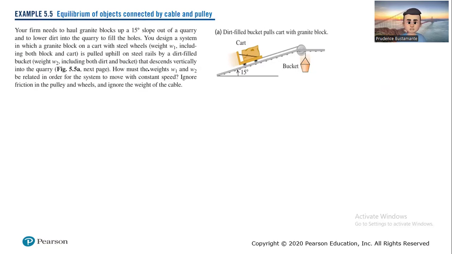What must the weight 1 and weight 2 be related in order for the system to move with constant speed? So ignore the friction in the pulley and wheels and ignore the weight of the cable. Okay, so we have a clue here, constant speed, and we have no friction.